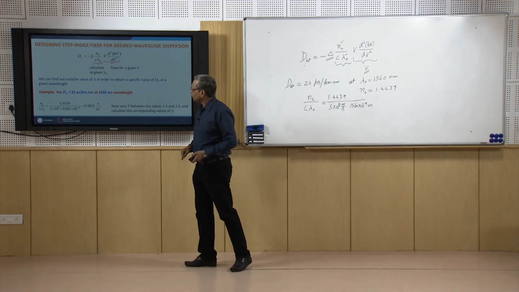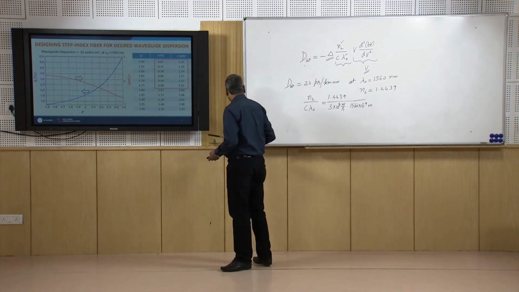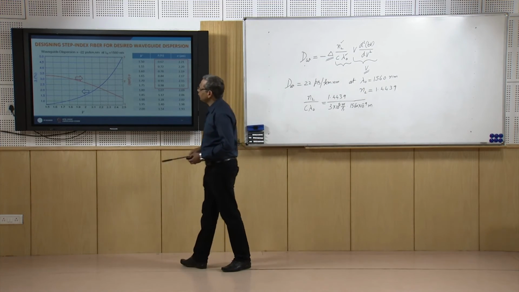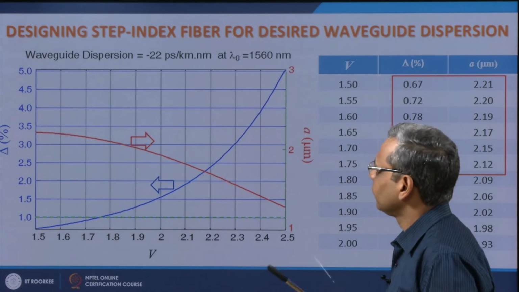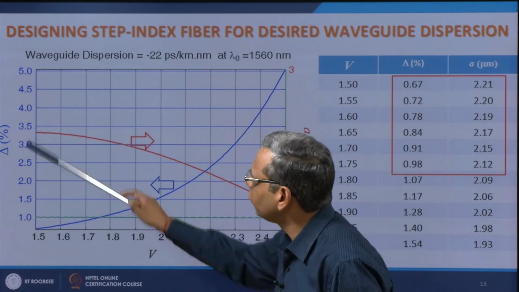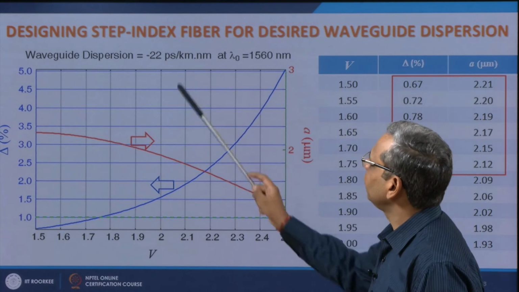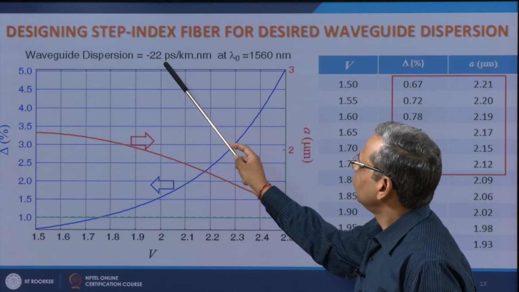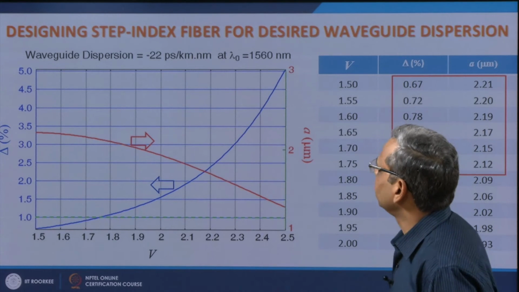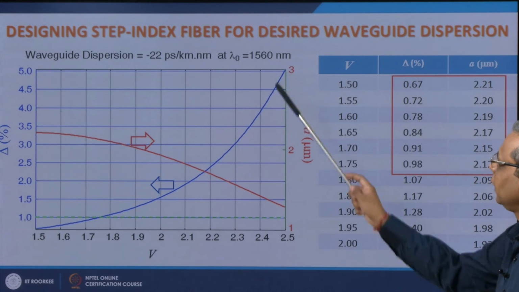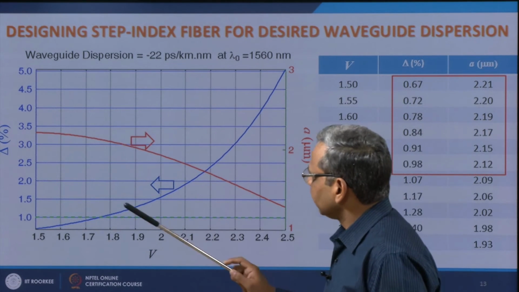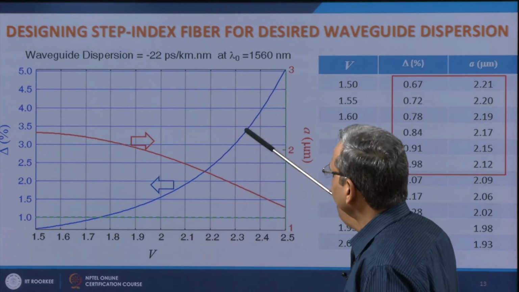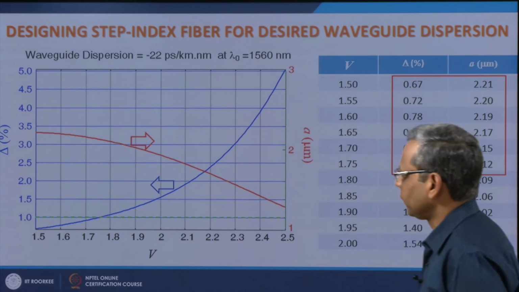So, I do that and I plot it as a function of V. So, if I vary V, what values of delta will give me waveguide dispersion of minus 22 picoseconds per kilometer nanometer at lambda naught is equal to 1560 nanometer? This is how delta varies with V in order to obtain this value.